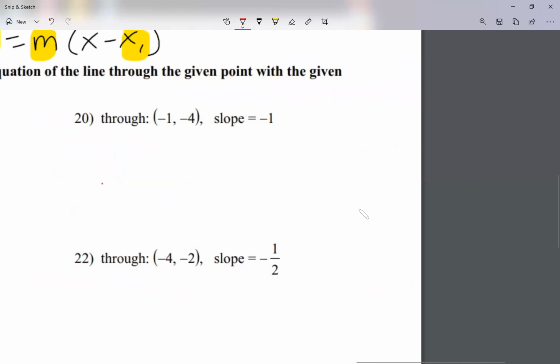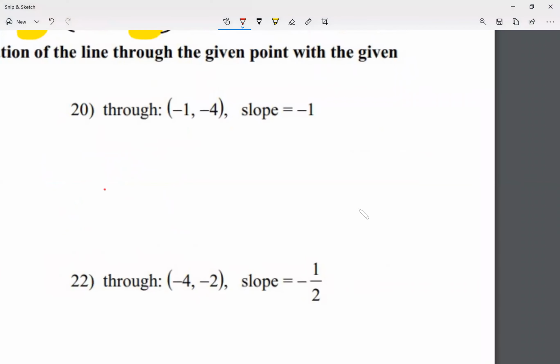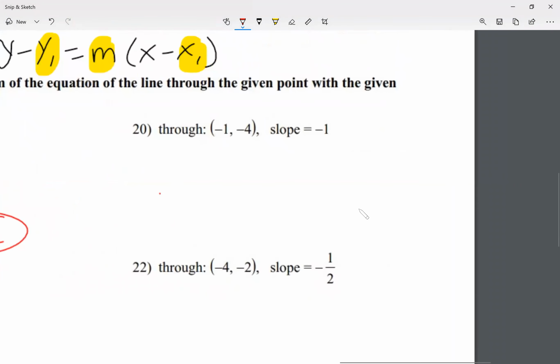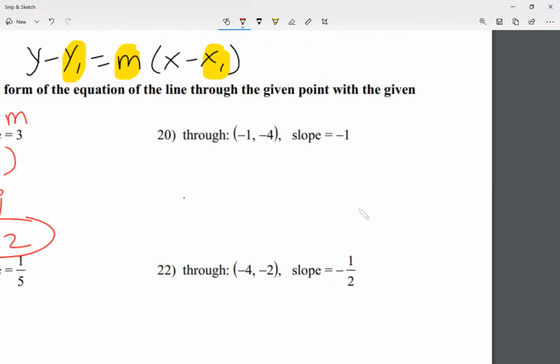Let's take a look at number 20. Let me zoom out so we see the formula there. And let me remind you, this is my x1, my y1, and the slope is the m, the value of m. So let me replace the values that I know.